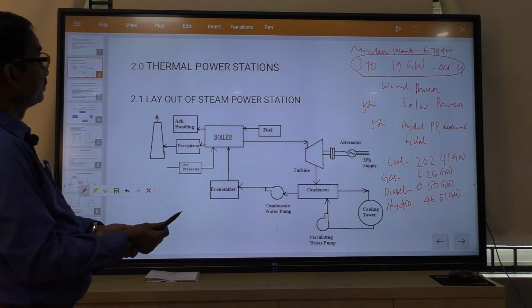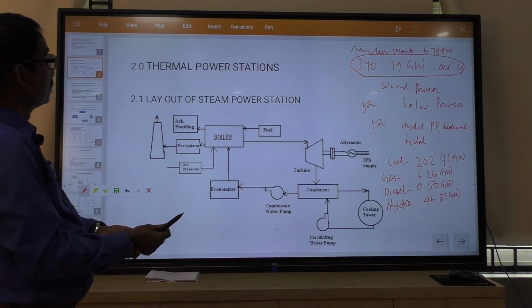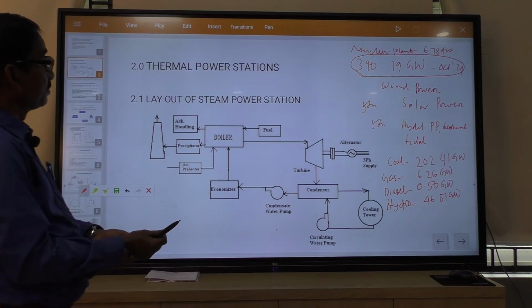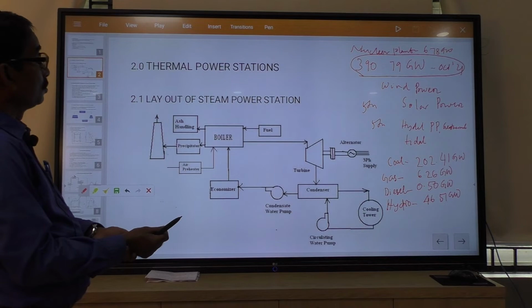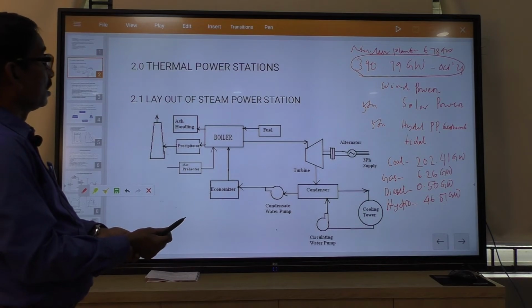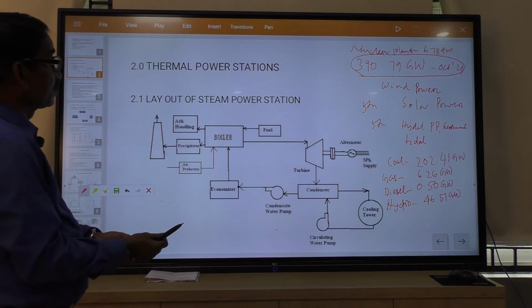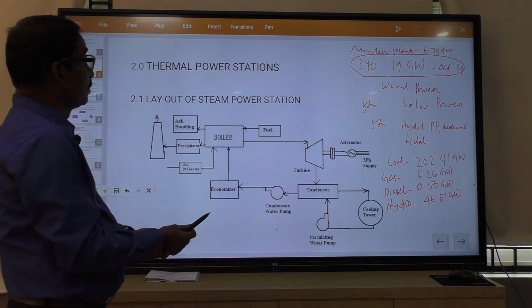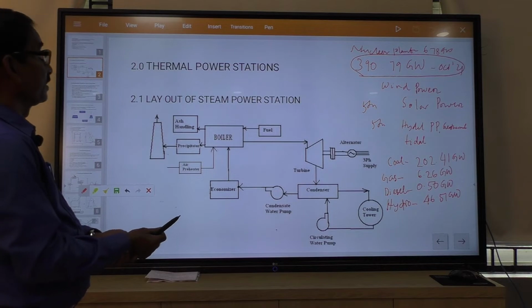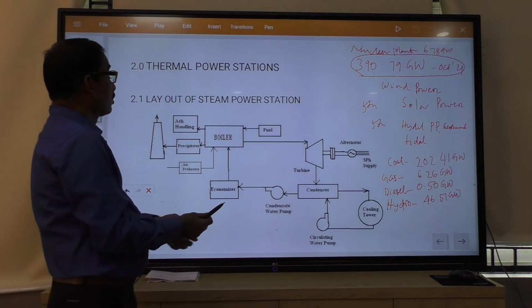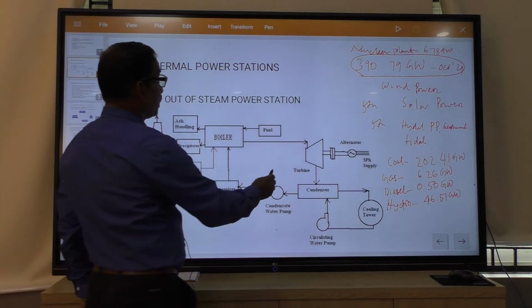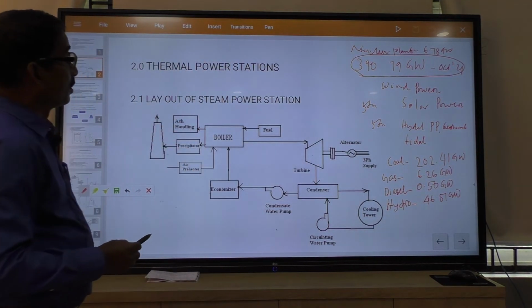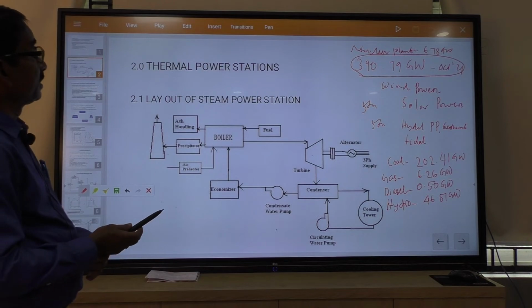That enthalpy reduces after expansion, and by expansion we get the work done. That means the heat energy is converted to mechanical energy in the turbine. This turbine is known as the prime mover. We will read details in the turbine.